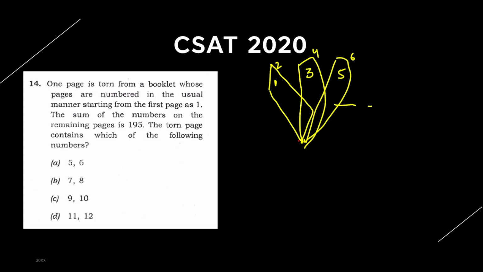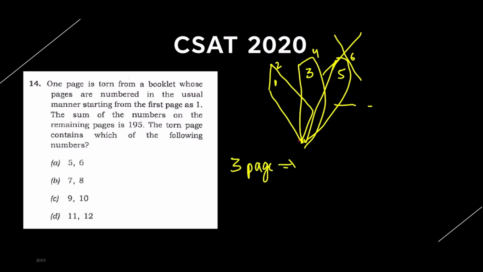Now, in this book there are some number of pages, we don't know how many, but someone took one page out of it and two numbers are missing. Suppose, for the sake of the example, someone takes 6 and 5 out of it, then these numbers will be gone from the book. Suppose this is a 3-page book.